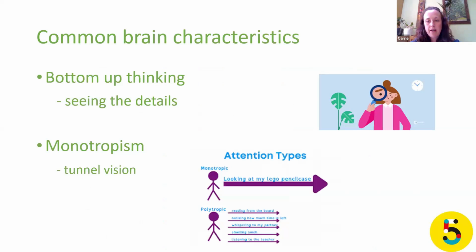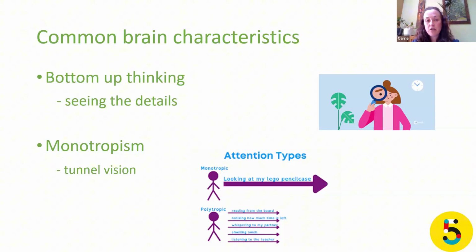So with autism, as I said, it's really important not to generalize completely with how a young person will present. I'm sure you've heard the saying before, if you've met one autistic person, then you've only met one autistic person. So it's really important not to overgeneralize, but I wanted to pick up on some really common brain characteristics that are often identified in people with autism, because they can help to define their ways of thinking and help us to understand their brains a little bit more.